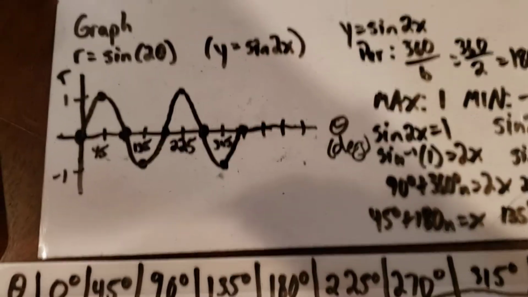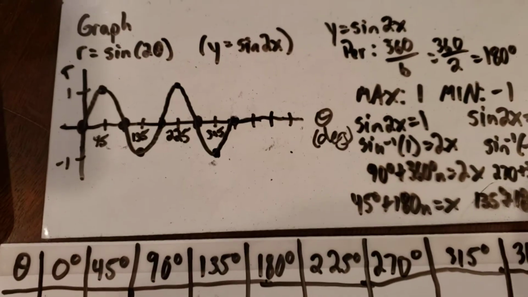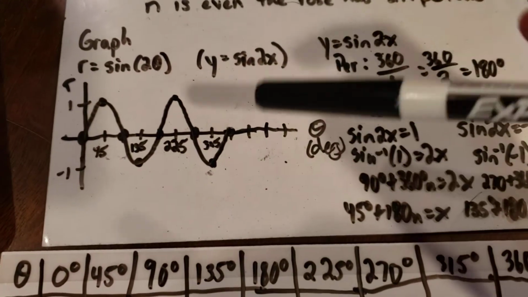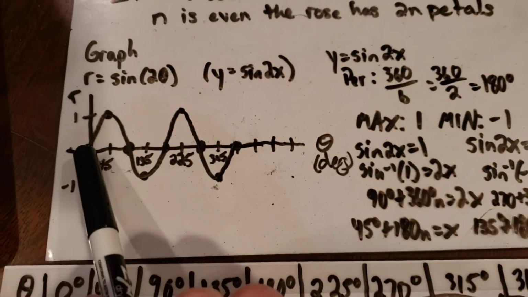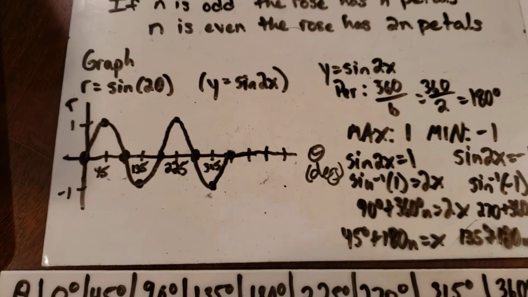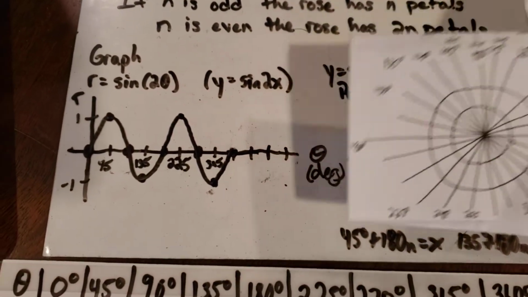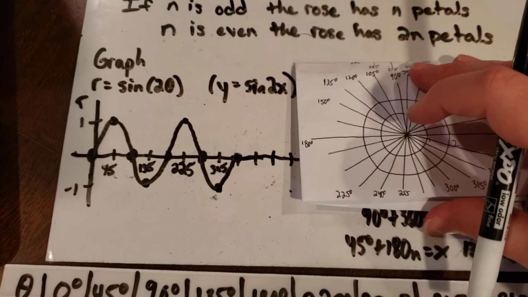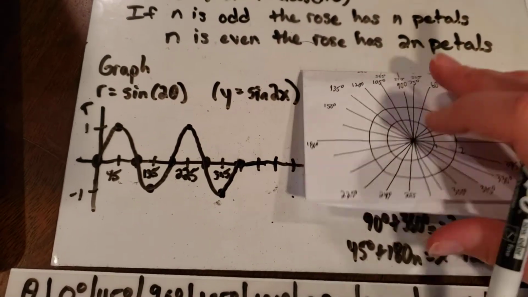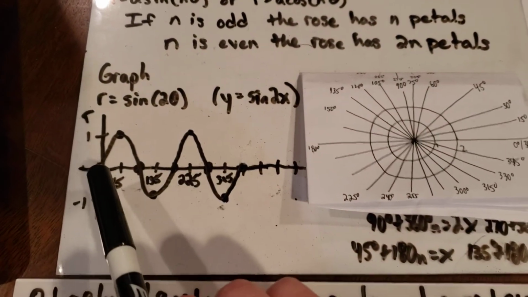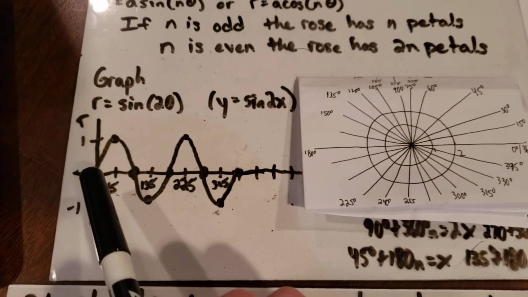Now, what I want you to be mindful of is, notice what r is as we increase theta. So when theta is 0, now think about this in terms of the polar coordinate plane. Here's our polar coordinate plane that we've got going on here. So when theta is 0 degrees, r is 0.